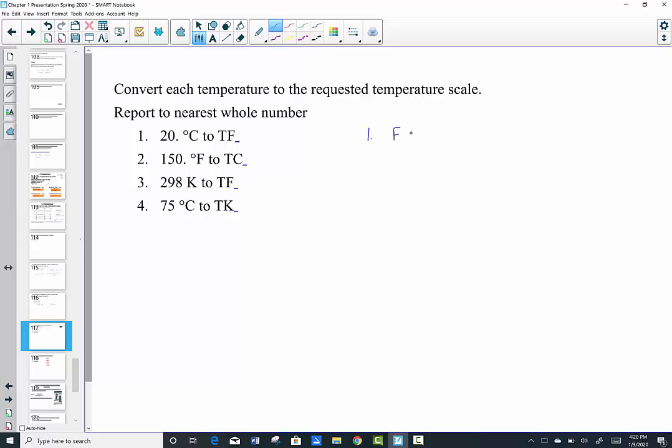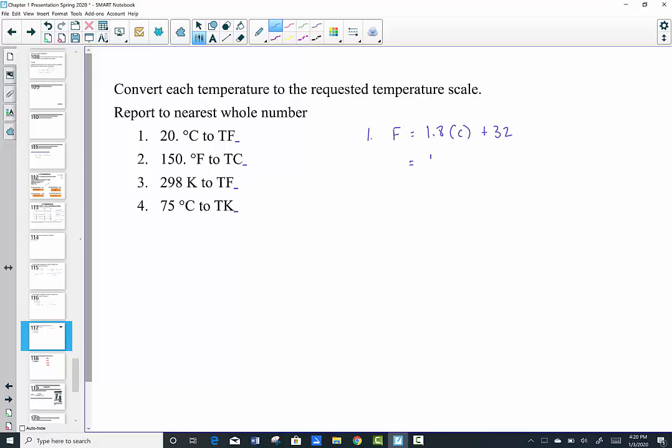Number 1, the Fahrenheit scale can be found by taking 1.8 multiplied by the Celsius and then adding 32.